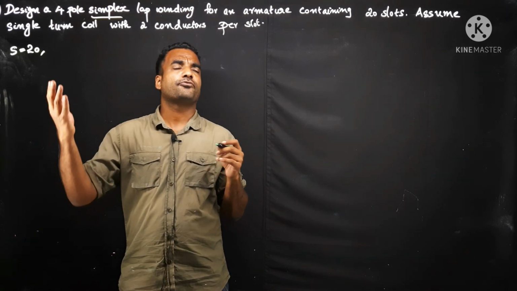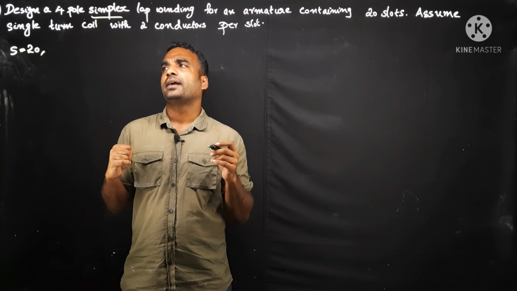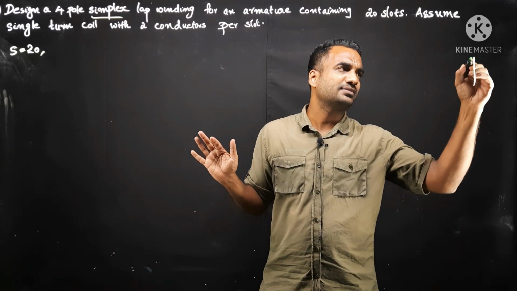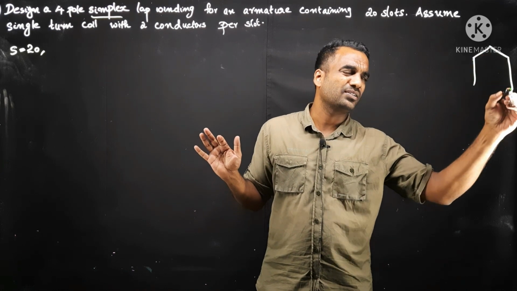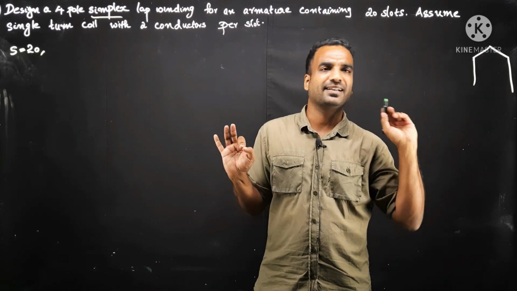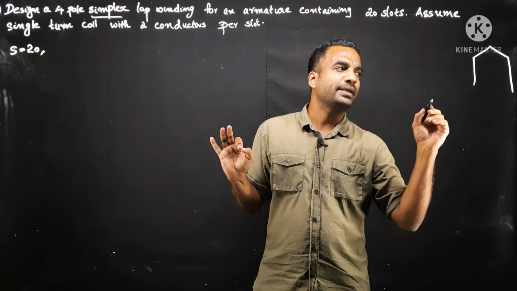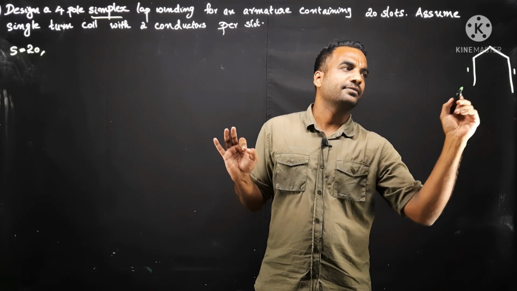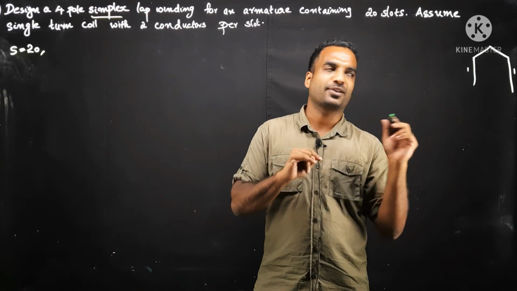Okay, so number of slots is 20. Assume singleton coil, that is the normal thing. The simple coils are singleton coils. Singleton coil means one starting end, one finishing end, only two conductors for a coil.